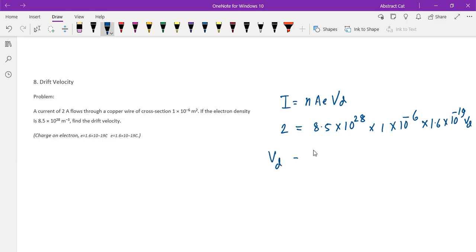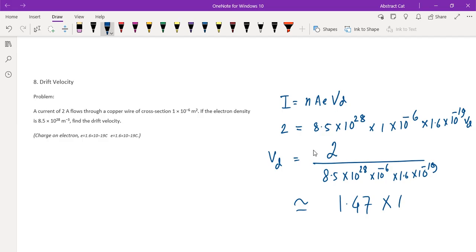So Vd equals 2 divided by 8.5 times 10 to the power 28, times 10 to the power minus 6, times 1.6 into 10 to the power minus 19. If you solve this with the help of a calculator, you get the answer 1.47 into 10 to the power minus 4. The SI unit of velocity is meter per second.